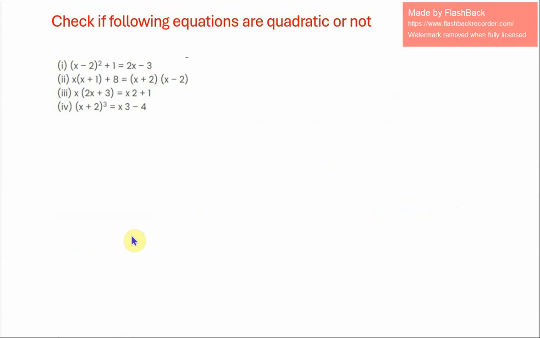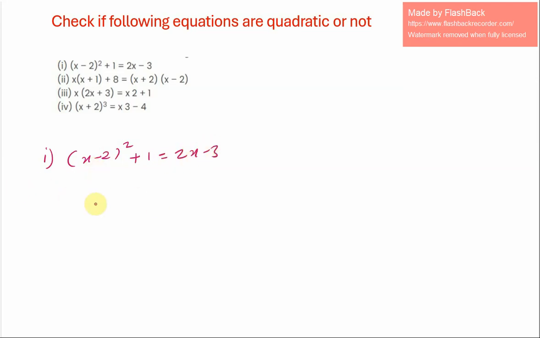So consider the first example. Here I can see the equation (x minus 2) bracket square plus 1 equals 2x minus 3.